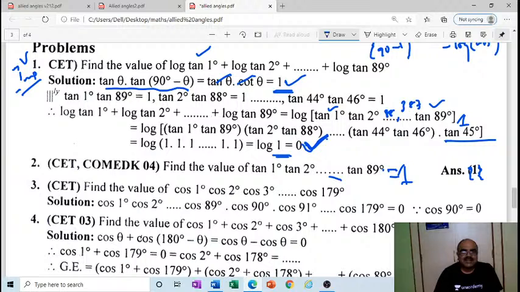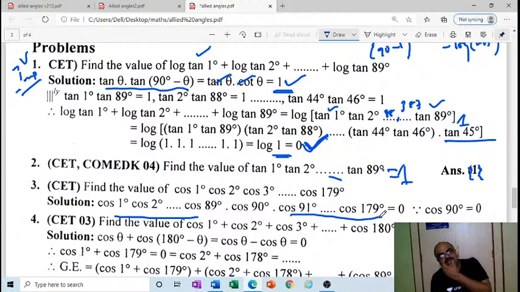Cos 89, cos 90, cos 91, see, 1 to 89 gets paired with 91 to 179, correct? What is left in between is cos 90. All these values are going to be 1, whereas cos 90 is 0. And 0 into this side once, 0 into this side once, it is going to be equal to 0.